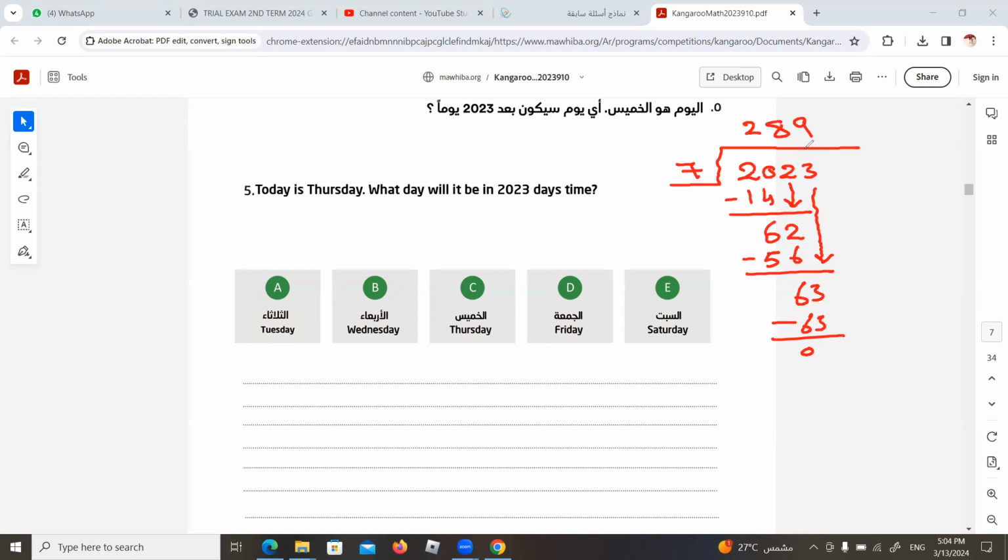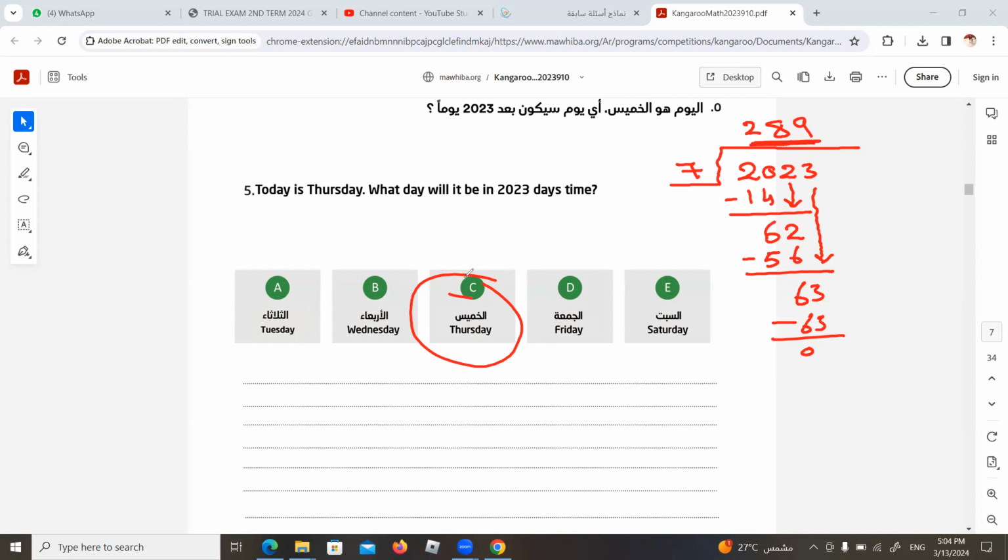Do we have a remainder? No, I don't have a remainder. I have an exact value. It means you return back to Thursday, going by 7, 7, 7 and multiples of 7 until you reach 2023.